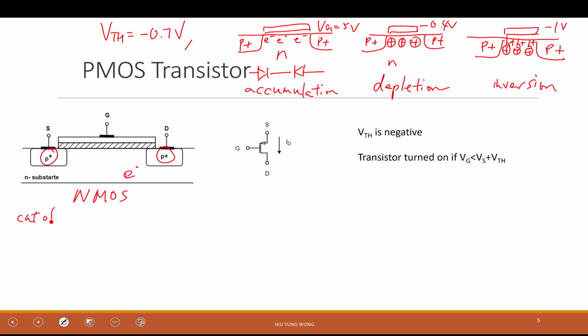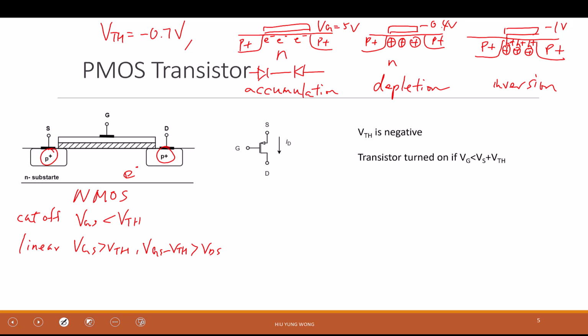When is it cut off? It is when VGS is less than VTH. And when it is in linear mode, definitely I need to turn it on, VGS larger than VTH, right? And we just discussed, we also want VGS minus VTH to be larger than VDS. That is linear mode. Okay.